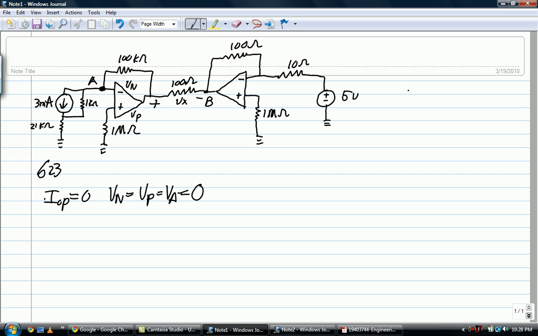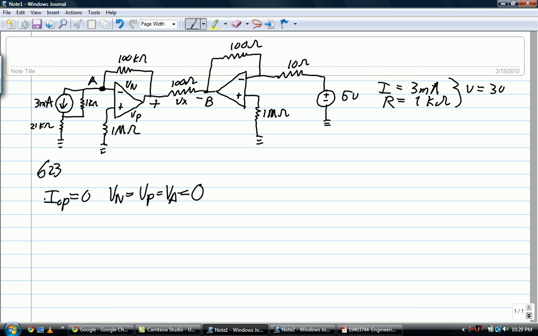So we have our current is equal to 3 milliamps, and we know our resistance is equal to 1 kilo ohm. Now, using Ohm's law, we know that the resulting voltage of these two is equal to current times resistance, which will give us 3 volts.